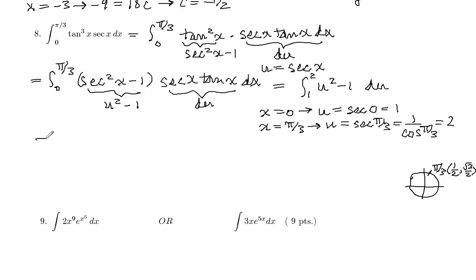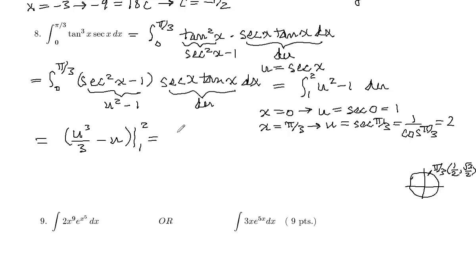So now it's an easy integral on u. It's just power rule. Raise the exponent, divide by the new exponent. So this is going to be u cubed over 3 minus the antiderivative of 1, which is u, and this is a definite integral from 1 to 2. So plug in 2, plug in 1, and subtract.